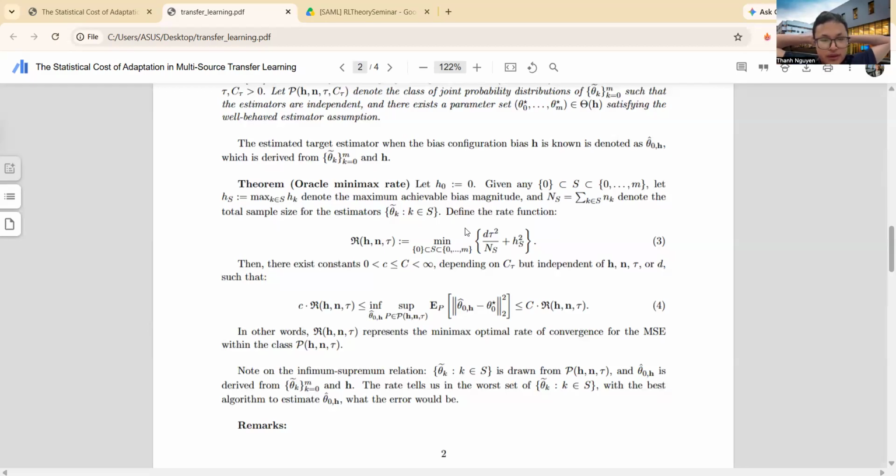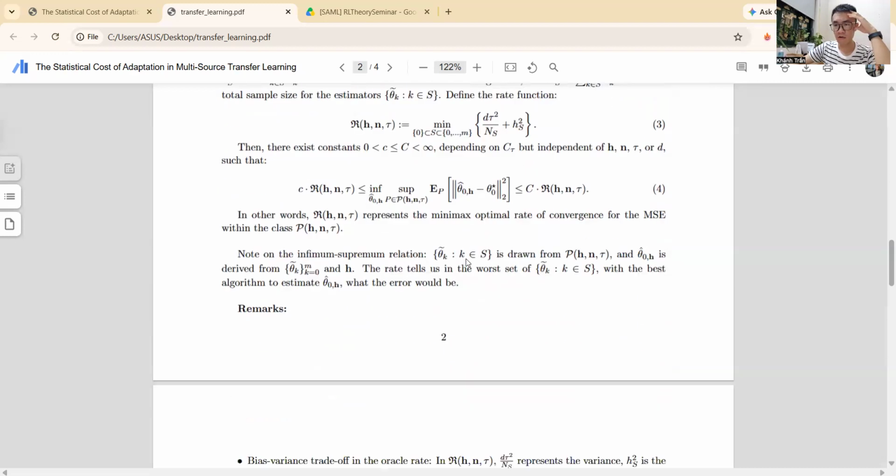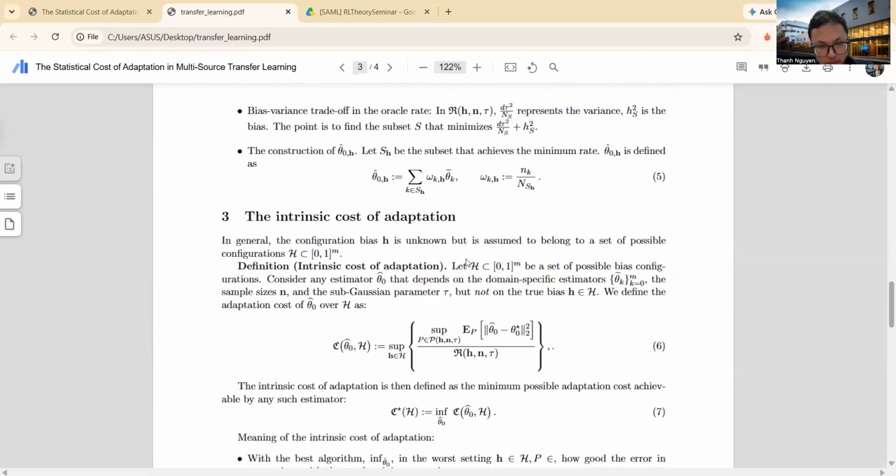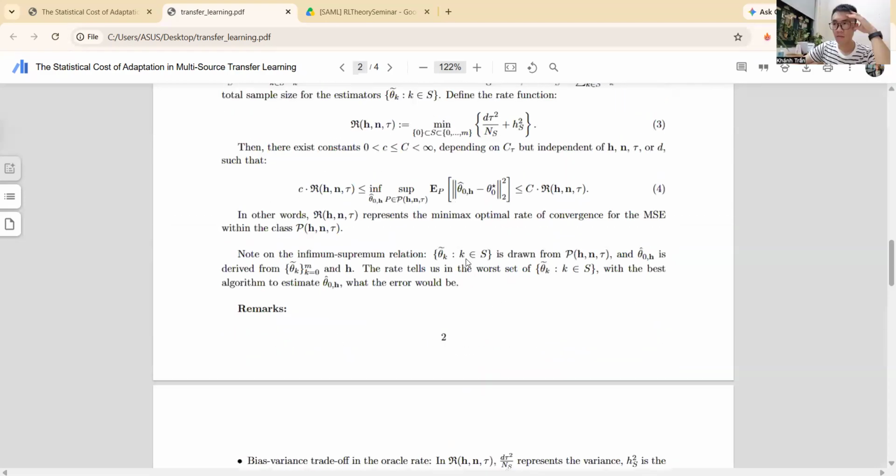They say that quantity number three characterizes the minimax rate of transfer learning. Is that all? I think not all. It's a key result, but one of the key results.